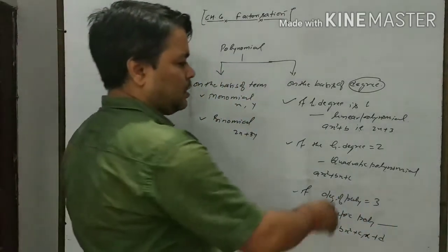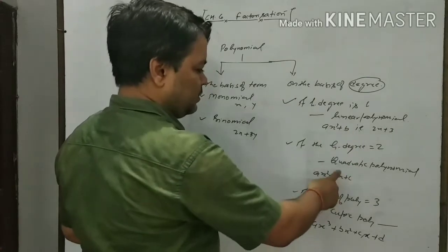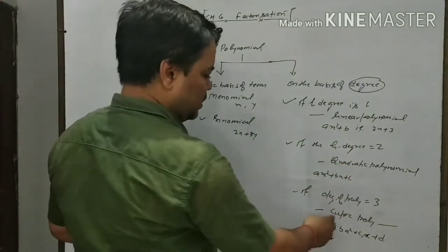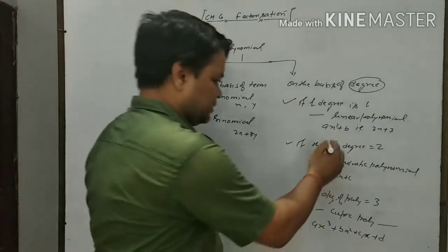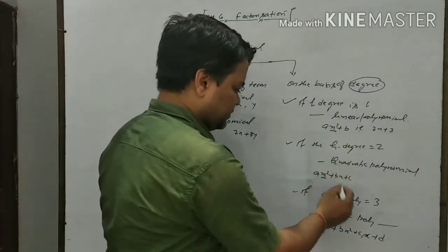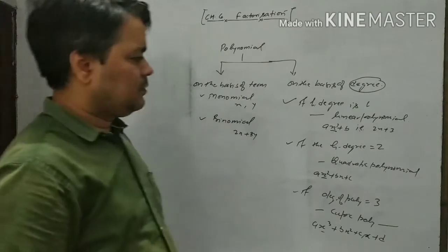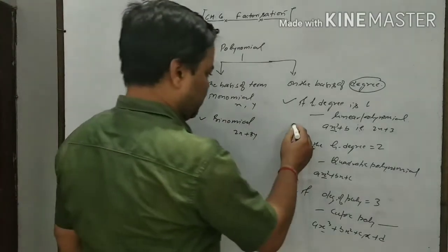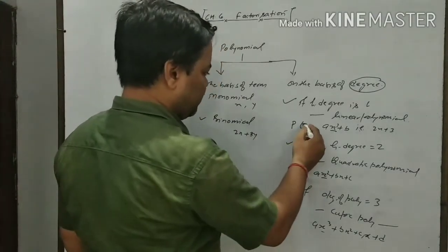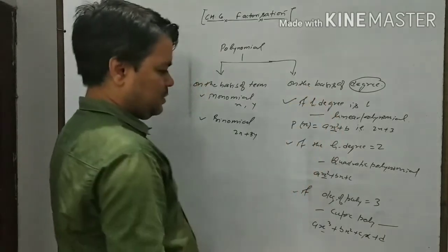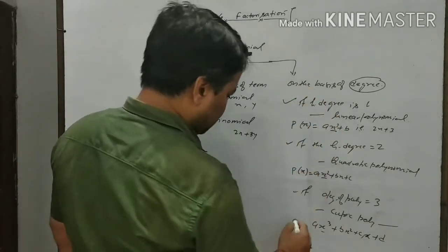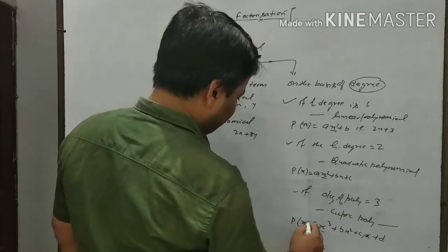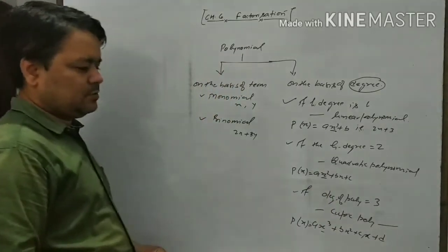Now all the linear polynomial, quadratic polynomial, cubic polynomial are in variable x. Therefore, this is called polynomial. P(x) for polynomial in variable x is equal to like this way. Here P(x) is equal to like this way. Similarly here P(x) is equal to this much.